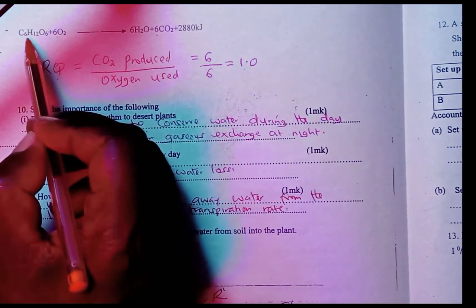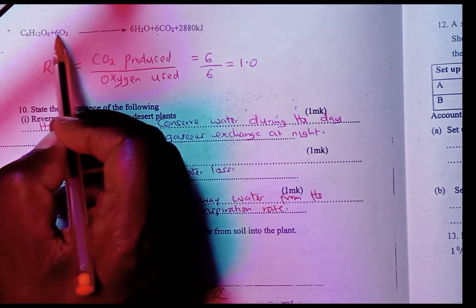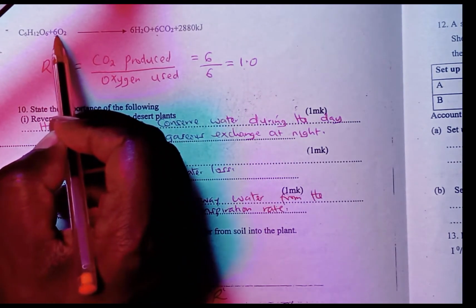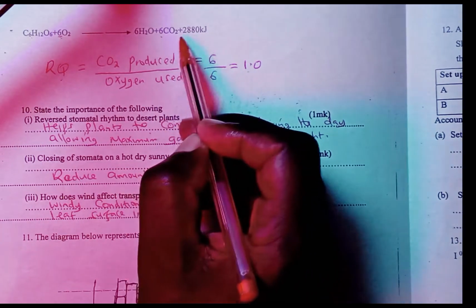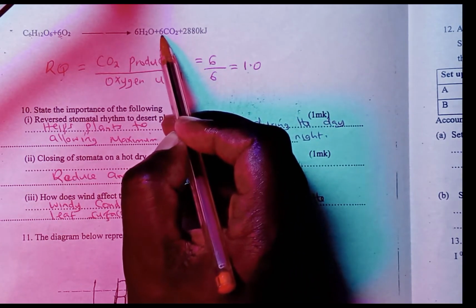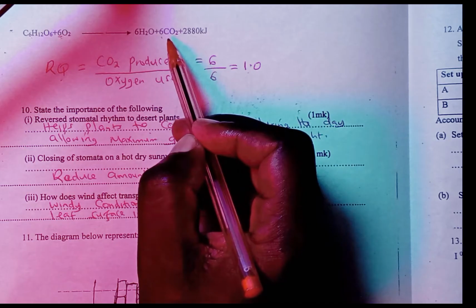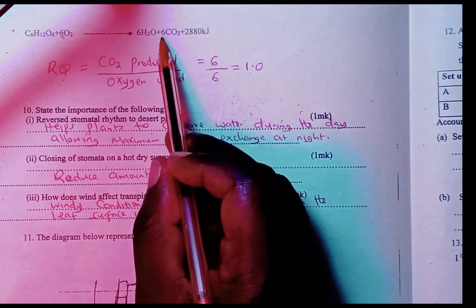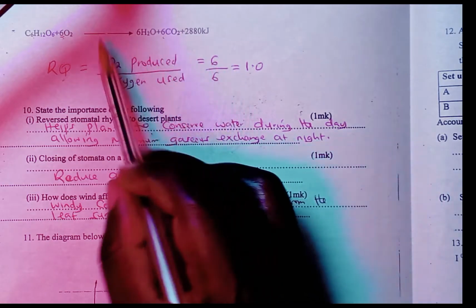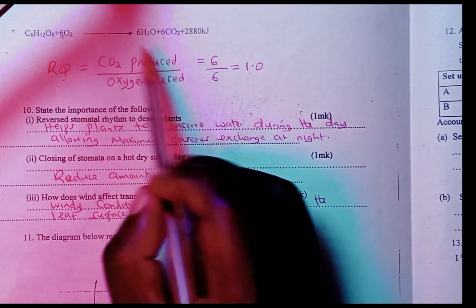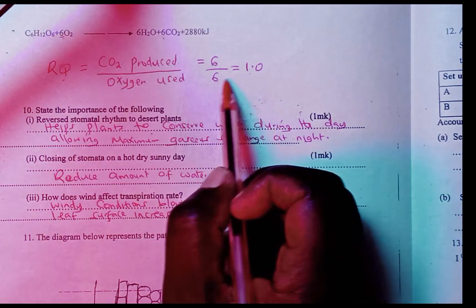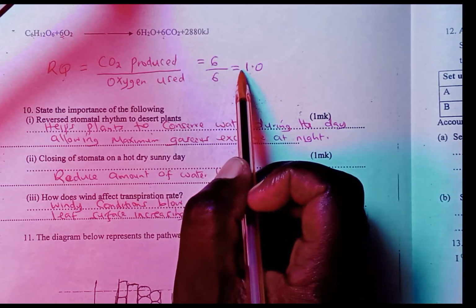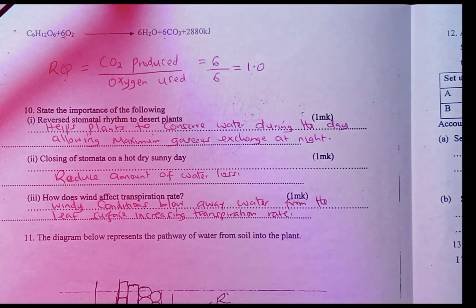When you look at the reaction, we are using 6 moles of oxygen, which are producing 6 moles of carbon dioxide. And in this case, the amount of carbon dioxide produced will give us 6 moles divided by the number of moles of oxygen used, which is 6. And when you divide 6 by 6, you get exactly 1.